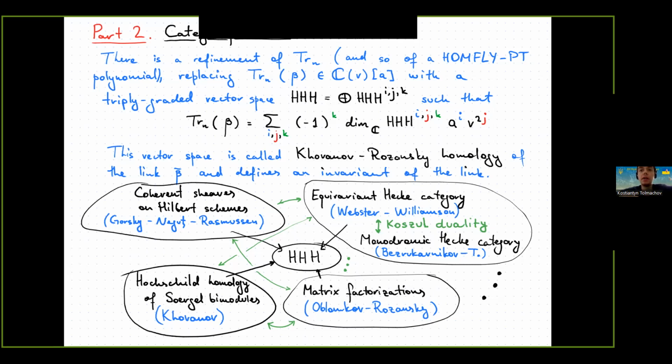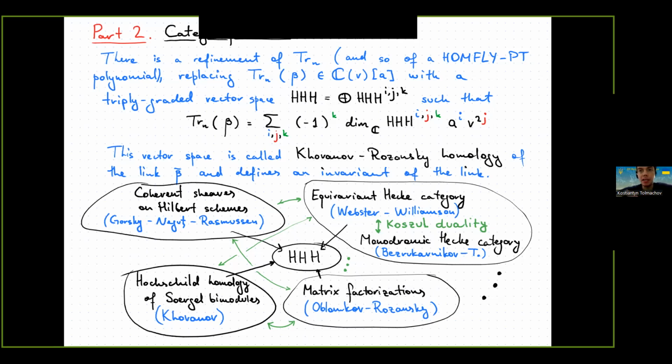And finally, the most relevant for this talk is computation of this triply graded link invariant through the geometric Hecke categories, which come in two flavors: equivariant Hecke category, and in this setting, the interpretation of HHH was given by Webster and Williamson, and monodromic Hecke category, in which setting this was done by Bezrukavnikov and myself.